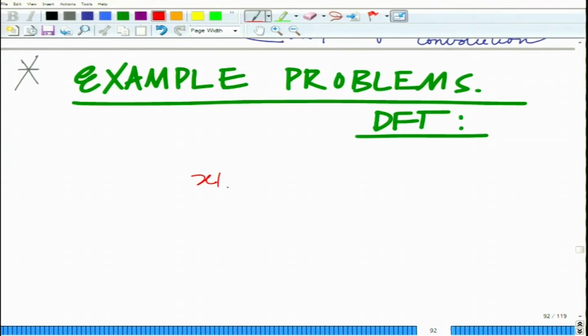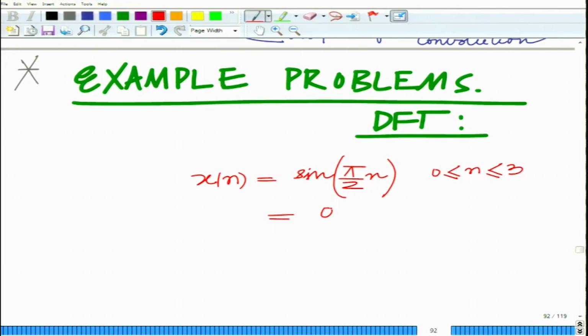So, we have the signal x[n] equals sine of pi by 2 n, for 0 less than or equal to n less than or equal to 3, which basically turns out to be the sequence 0, 1, 0, minus 1, all right.